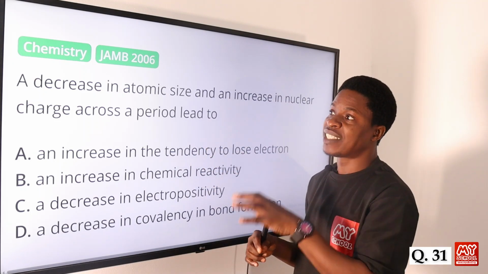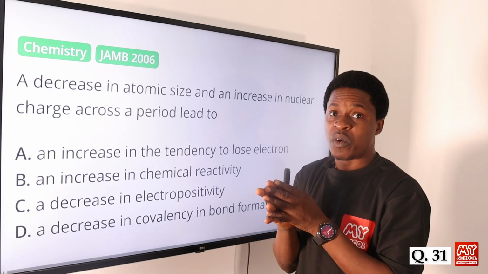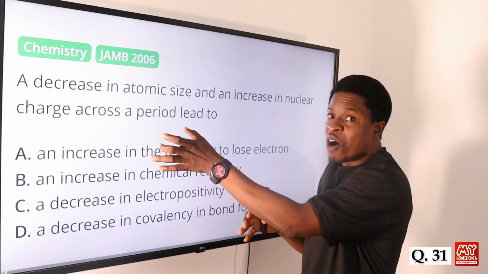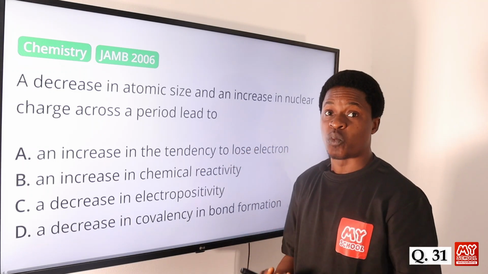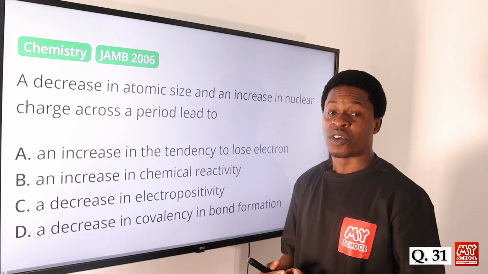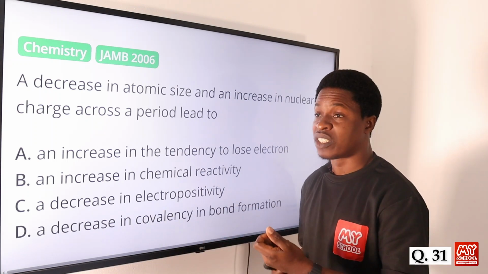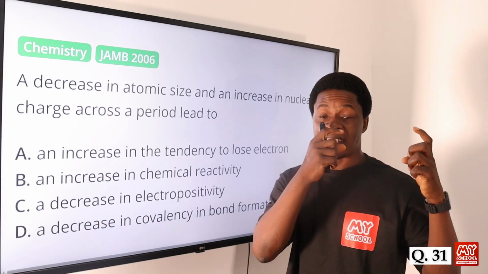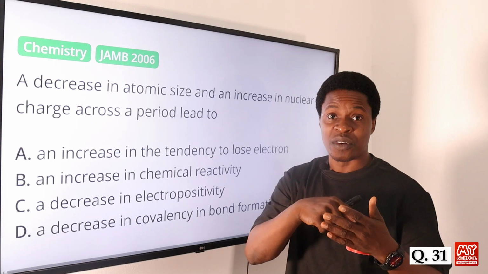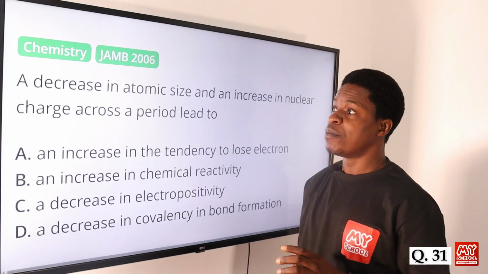So in other words, a decrease in atomic size usually will occur as you move across the periods, because the number of protons is increasing, which invariably increases what? The effective nuclear charge. And once that happens, it tends to increase the strong force of attraction between the protons in the nucleus and the electrons revolving around the orbit.